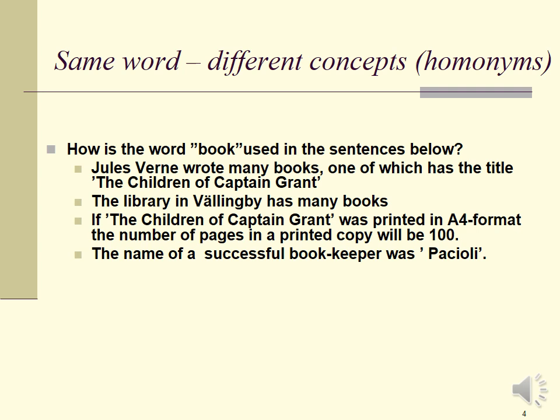So we have the term book in at least three of our four sentences, and yet it seems that it's not the same type of artifact that we are speaking of. Sometimes we are speaking about an abstract book, the literary piece of art by Jules Verne, The Children of Captain Grant, and sometimes we are speaking about a physical book that is perhaps printed in a particular format, and then there will be a number of copies.